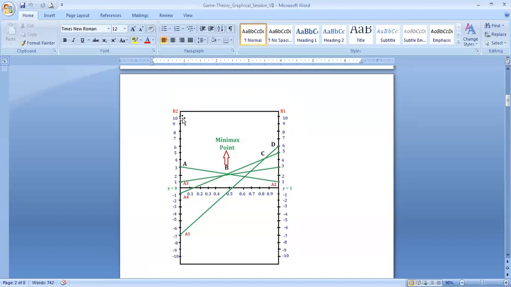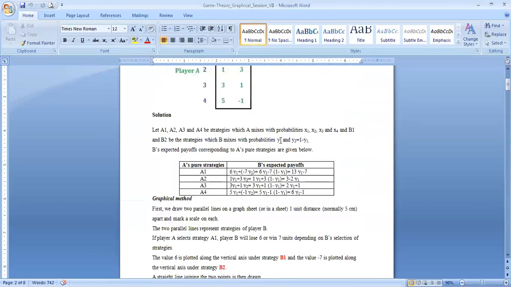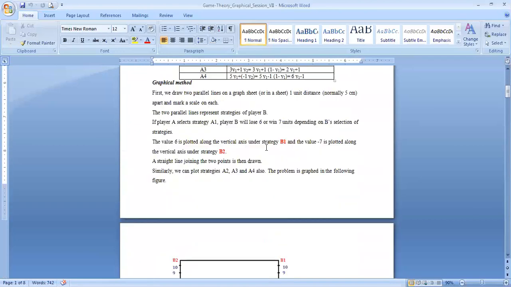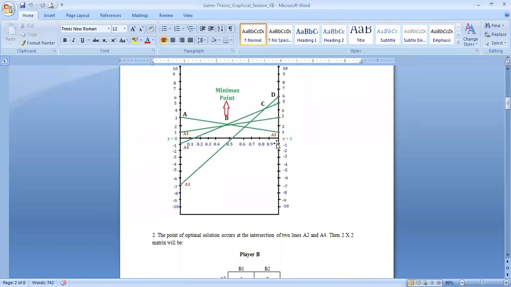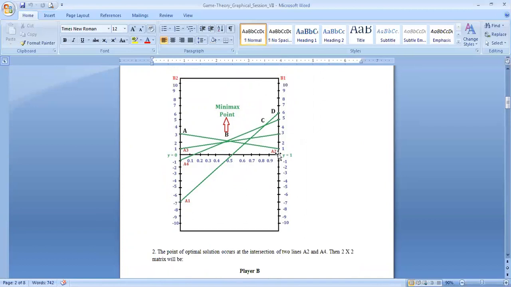So here I have taken B2 as the first strategy and B1 as the second, the two strategies of the player B, and they are 1 unit apart. The distance between these two lines is 1 unit, which normally means 5 centimeters. You can take whatever distance is convenient, and preferably you draw this on graph sheet, though you can also draw it on an ordinary sheet on which you can solve.